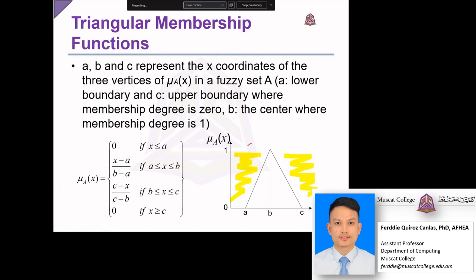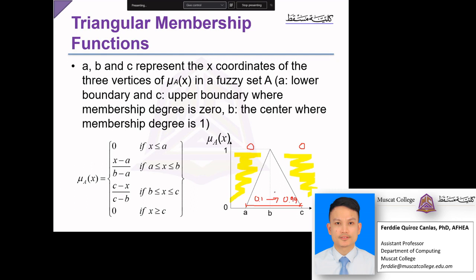Anything inside the triangle, from this point up to this point, the value can range from 0.1 up to 0.99. You have to note that.